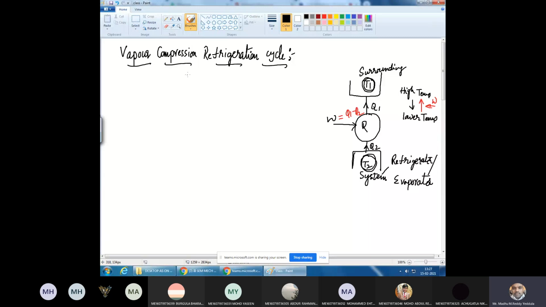Now we can define COP. COP of the refrigerator equals the effect we are getting, the refrigerating effect, which is nothing but the cooling effect we require, divided by what we supply to achieve that. Here my desired effect is the cooling effect, which is Q2, and to achieve it I apply Q1 minus Q2 amount of work.